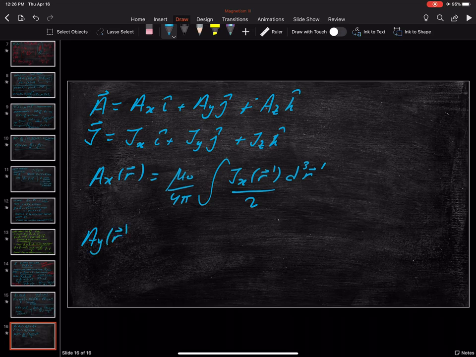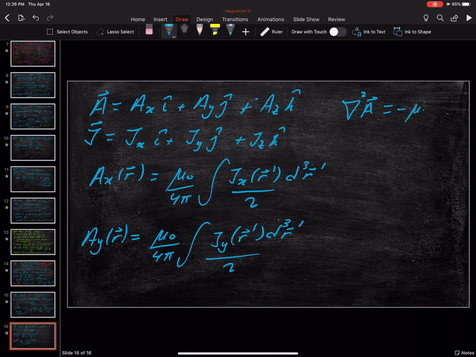Ay of r is equal to mu naught over 4 pi integral Jy of r prime d3 r prime over r, and so on for z. So del squared A equals minus mu naught J is really 3 equations. All right. But that means that we know all of these solutions.